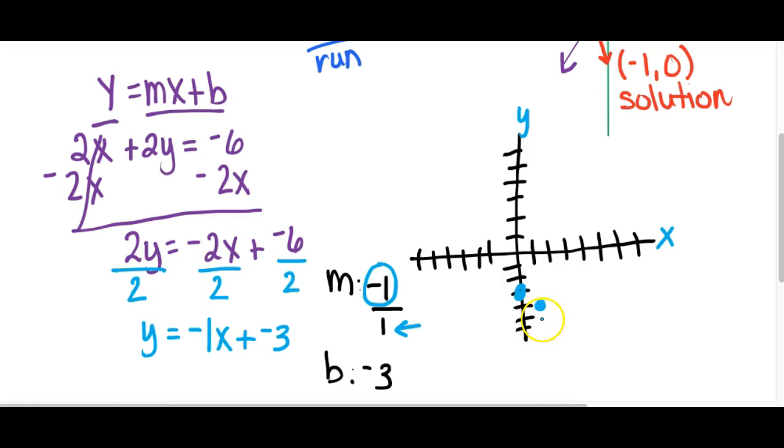So we're going to go down 1 because we're falling, not rising, and then we're going to go right 1. And then if we connect the points, ideally, it makes a negative slope because remember we read from left to right. We're going to keep practicing this, so if you have questions, please remember to bring them to class.